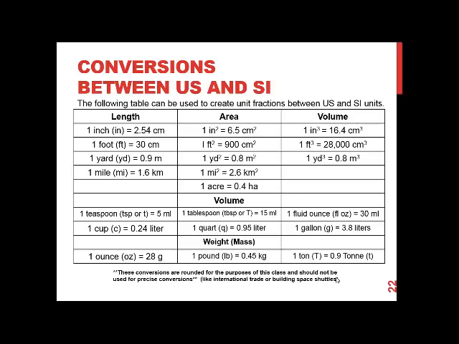A mile is about 1.6 kilometers, and a square mile is about 2.6 square kilometers. And an acre is about, it's closer to 0.405, but 0.4 hectares is close enough for this class. Volume. A teaspoon is 5 milliliters. Tablespoon is thrice that, 15 milliliters.